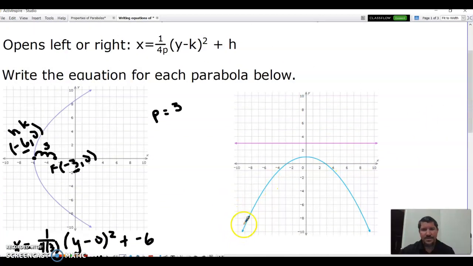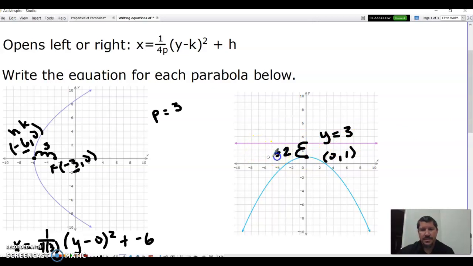Alright, so this one is opening up down, so now it's y equals. They gave us the directrix, which is y equals 3. Vertex is at 0, 1. Right, so the distance from the directrix to the vertex is 1, 2.